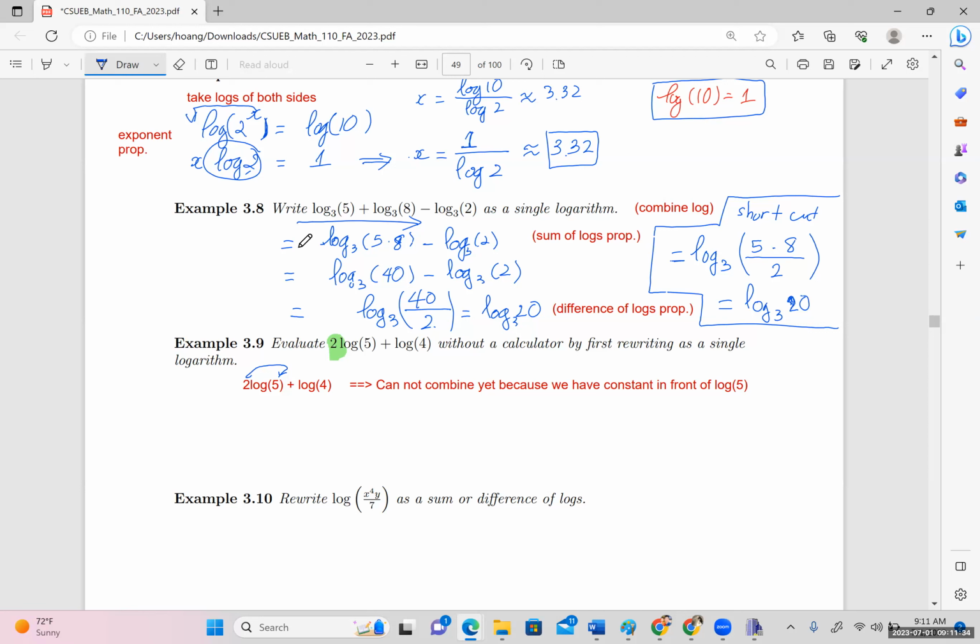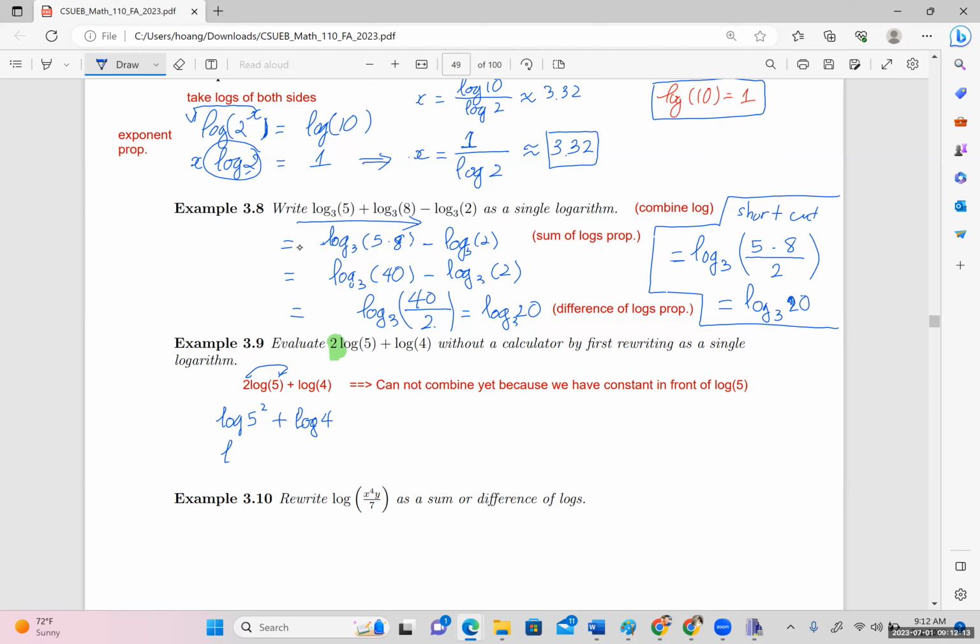We have log base 5 squared plus log 4. So simplify it.